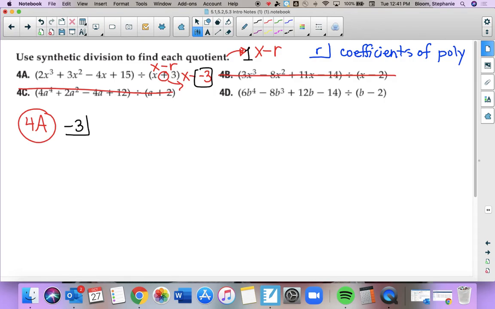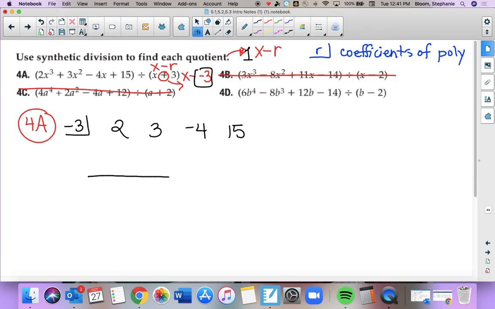Now, from there, I am just listing the coefficients of my polynomial in standard form. So we're going to write, starting with our first, a 2, then a 3 would be next, then negative 4, and then 15.